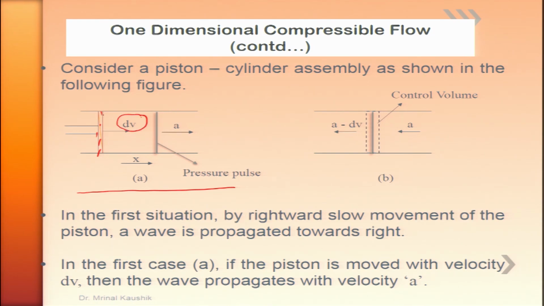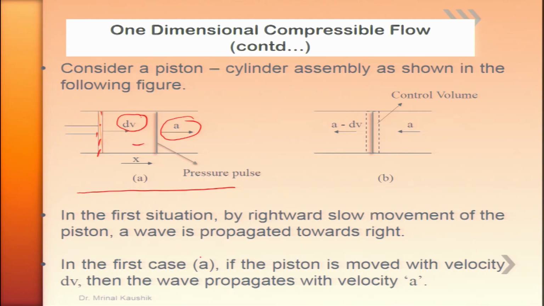And since a compressible fluid medium is present here, because of this piston and its velocity dV, the fluid is getting compressed such that a wave front with a speed a is traveling towards the right side. In this situation, please understand, I have considered not V but dV, just to ensure that this phenomenon occurs at very low speed, so that the process should remain reversible.